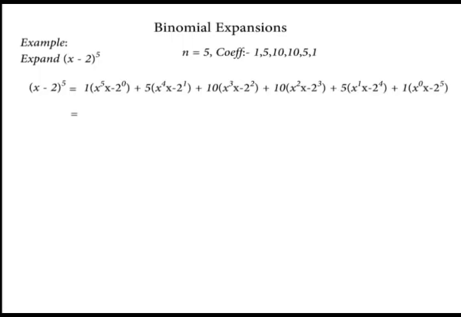And so we shall have 1 times x raised to power 5 gives us x^5 because (-2) raised to power 0 is 1.